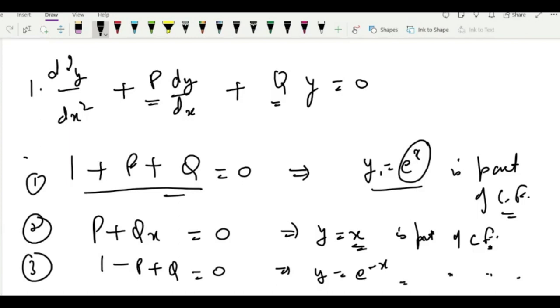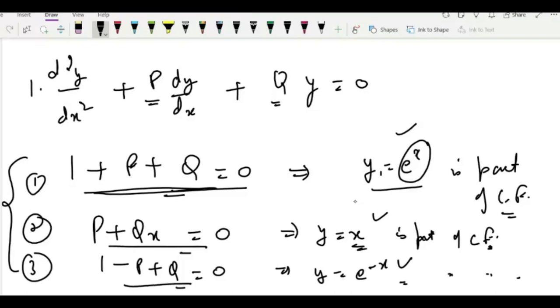So more generally we have e^x, x, e raised to power minus x. These are parts of the CF. So these are direct short tricks to check whether something will be in the CF or not. These are going to be very useful in finding the CF. If you have any type of equation and this relation is satisfied, then you can directly say these are going to be part of the CF. Let's take an example.